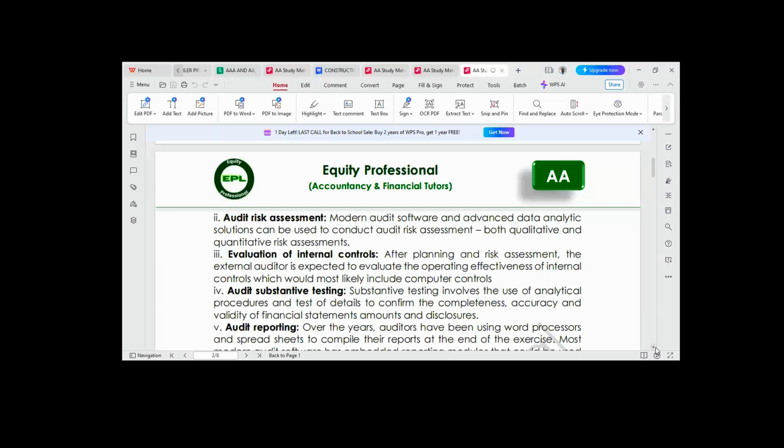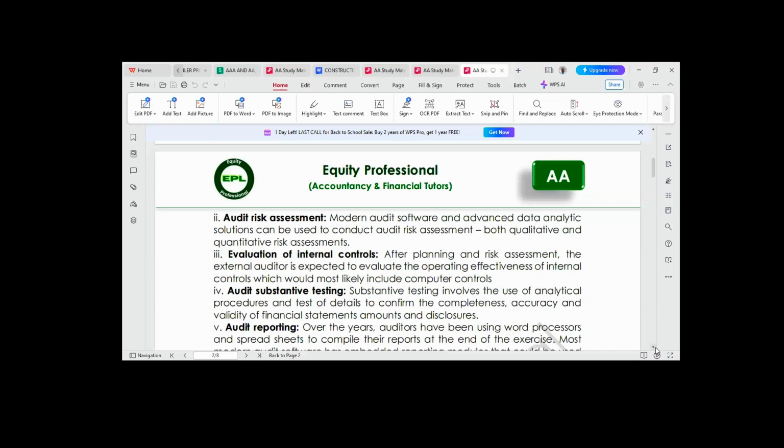So the CATs, the likes of ACL, audit software, test data, are used to extract information from the client system that ordinarily would have taken days or weeks to obtain. But with your knowledge of IT, you understand SQL very well. You understand how to use the audit software very well. You can deploy the software and your knowledge of SQL, and you'll be able to extract information from the client system online, in real time.